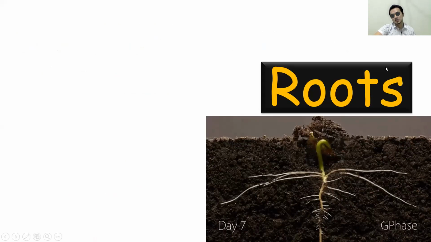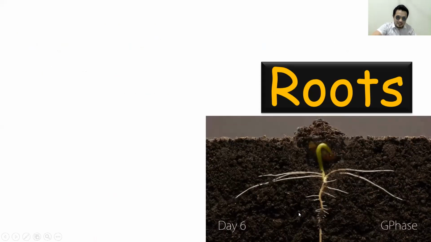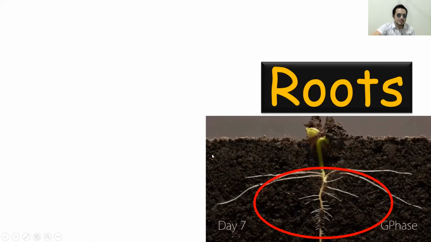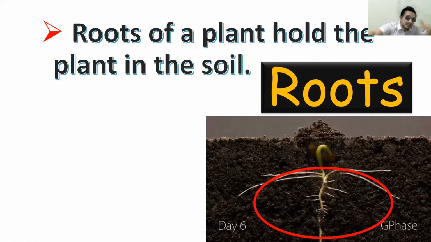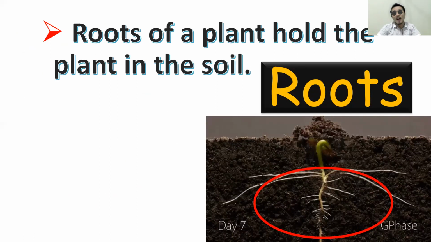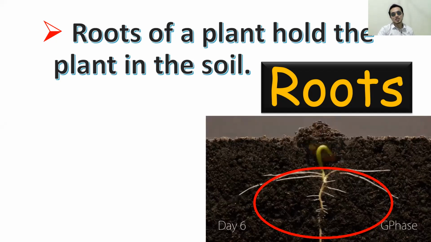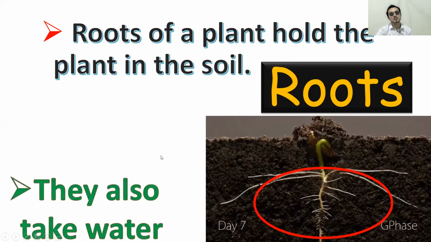Look at the roots. See, the roots are crawling. The roots of the plant hold the plant in the soil. The ones that anchor the plants in the soil are the roots.